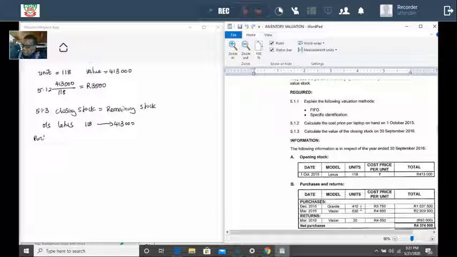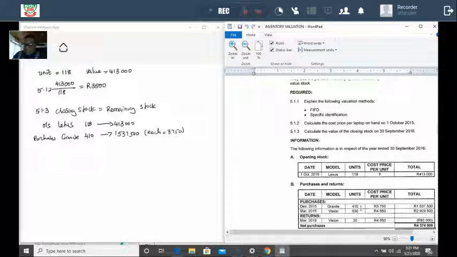Now we come to the purchases. We have Granite, 410 of them, which has a value of 1,537,500, which means each is 3,750.